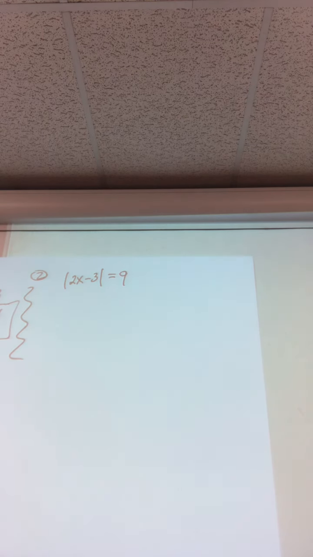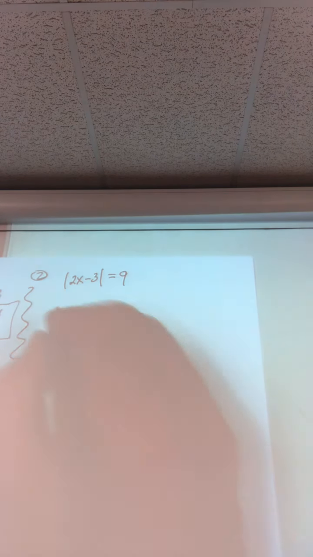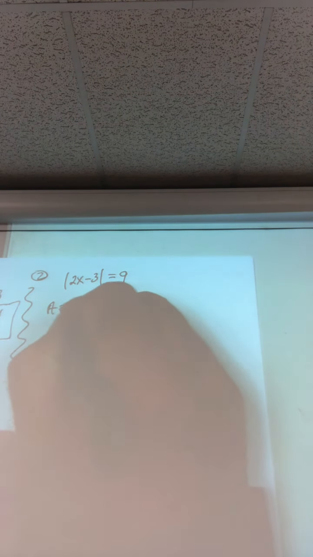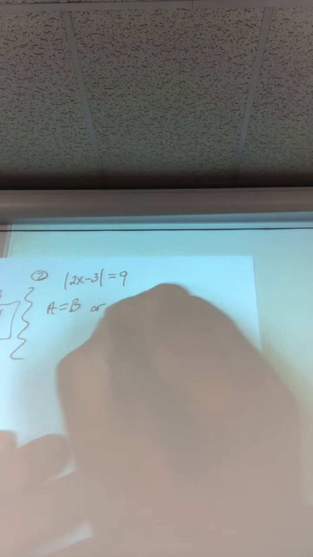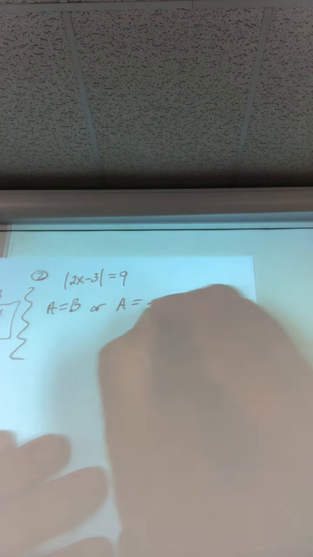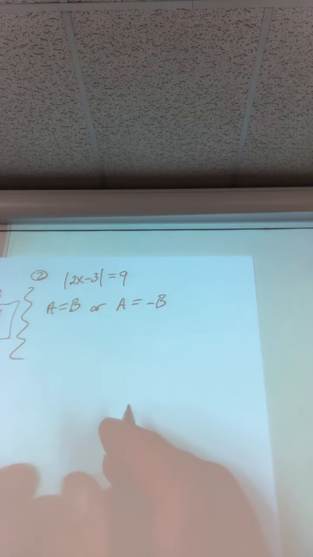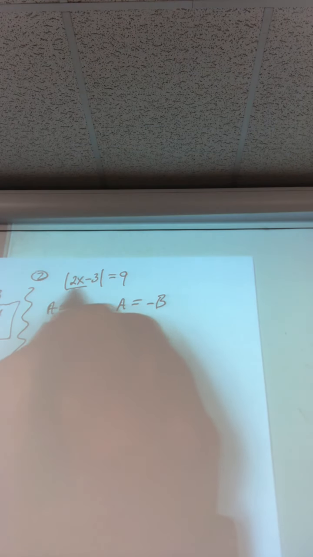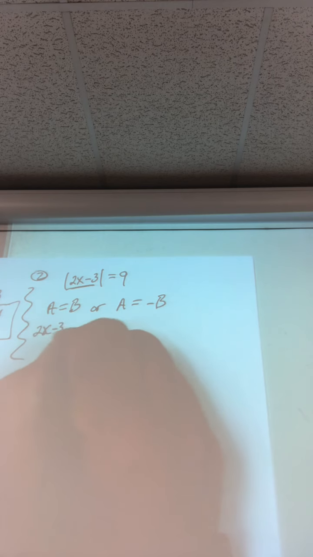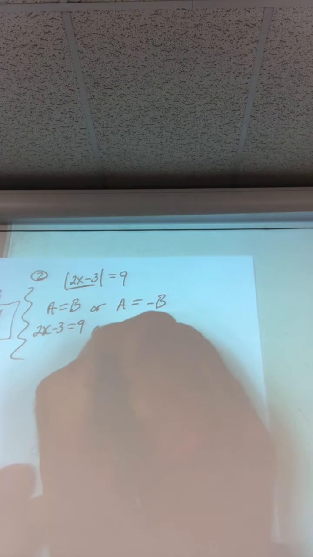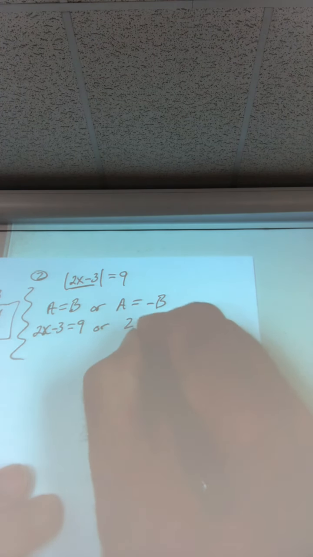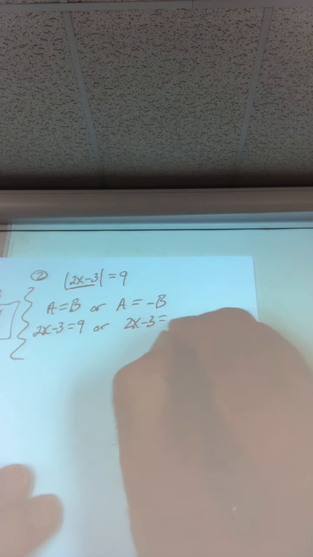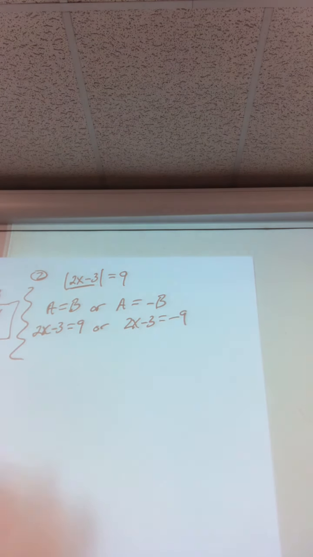Go to step 3. Identify A and B. A is whatever's inside here. So this would be 2x minus 3 equals 9, or 2x minus 3 equals negative 9.